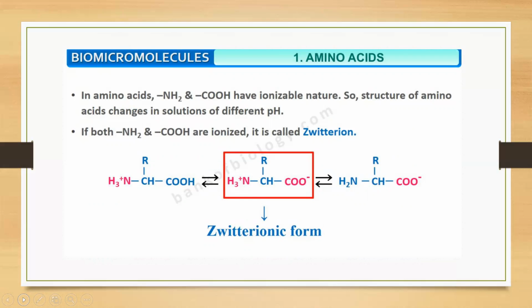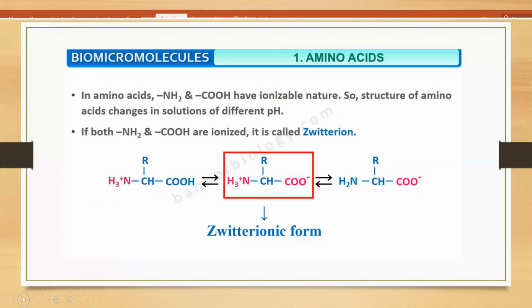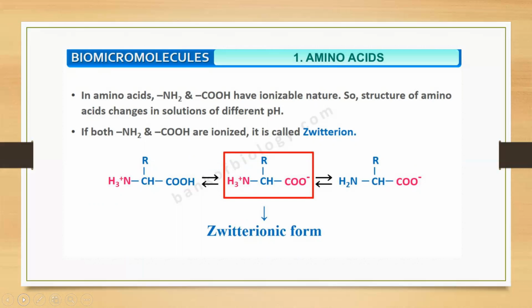Next, the neutral amino acid has the same number of NH2 and COOH groups. Now, because it has both NH2 and COOH groups, the amino acid is ionizable in nature. If you can see the structure, the amino acid gets ionized, and so you call it a Zwitter-ion.